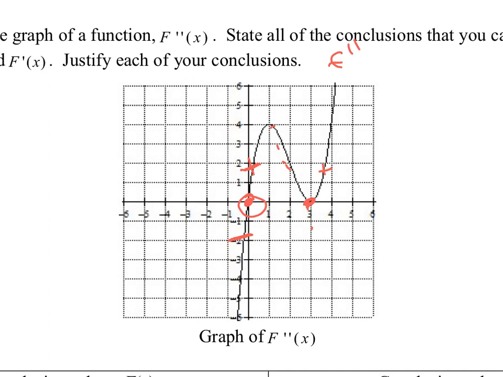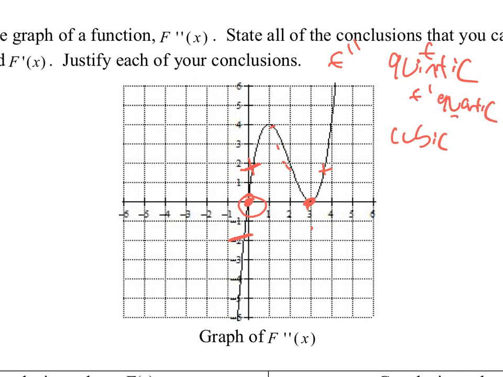I also have to realize this is a cubic. The original function had to be a, let's see, 3, 4, 5, quintic. Fifth degree. That would have been f. F prime, if you take one away from quintic, would be a quartic.